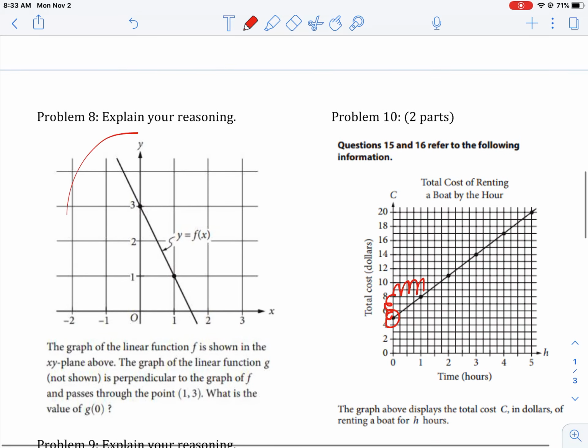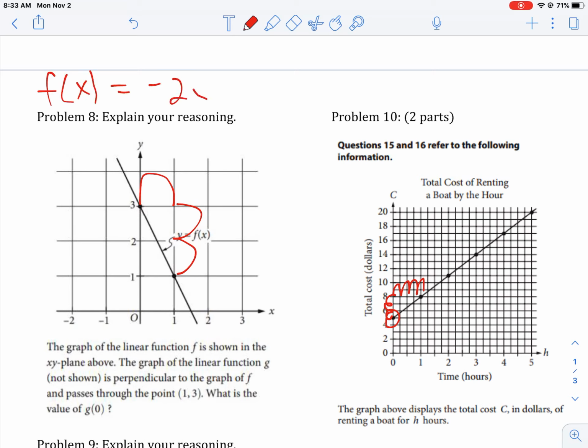Just find the equation of this line first. Don't do anything crazy. So I'm going to go up 1, 2, and to the left 1. So f of x equals negative 2x plus 3. The slope's negative 2. The y-intercept they give me is 3. So that's the equation of this line.